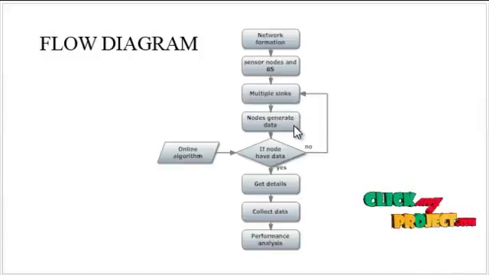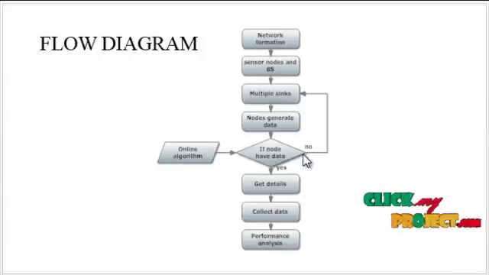After that, the sensor nodes generate data. If the node has data, it is handled by the online algorithm. With the help of the online algorithm, the node position and its data are all calculated. So if the node has data, it gets the details and then it collects data from the sensors.